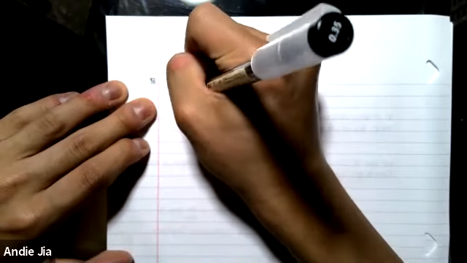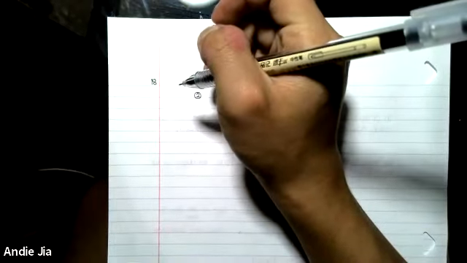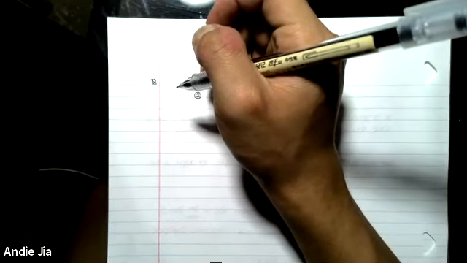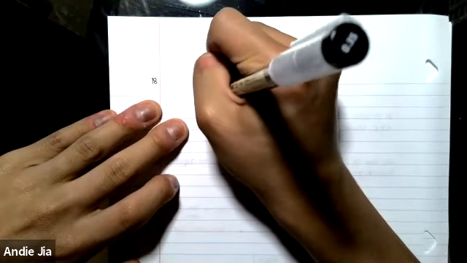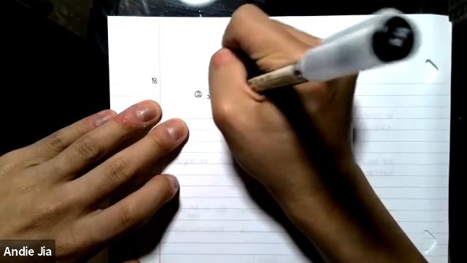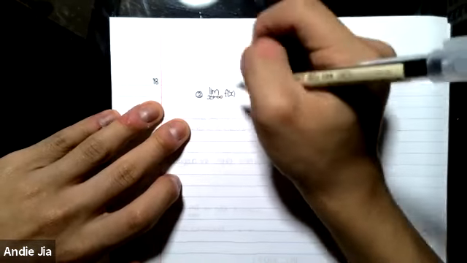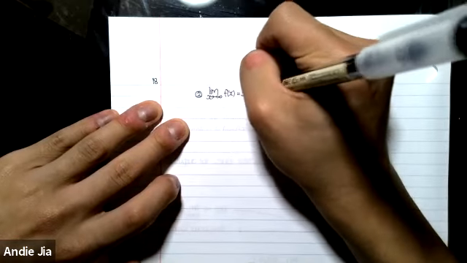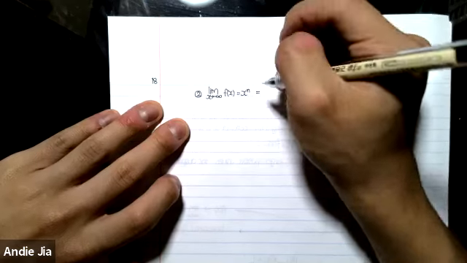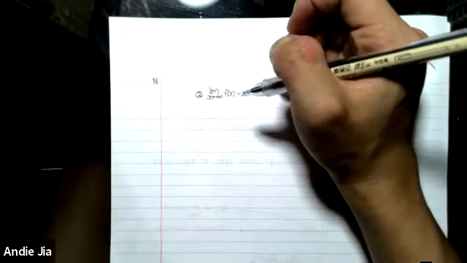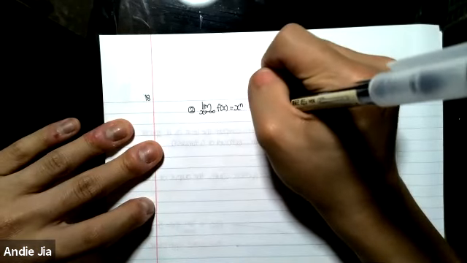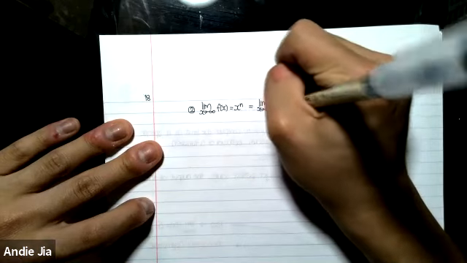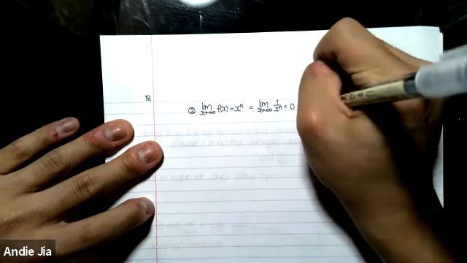Number 2, the limit as x approaches negative infinity of x to the nth, is 1.